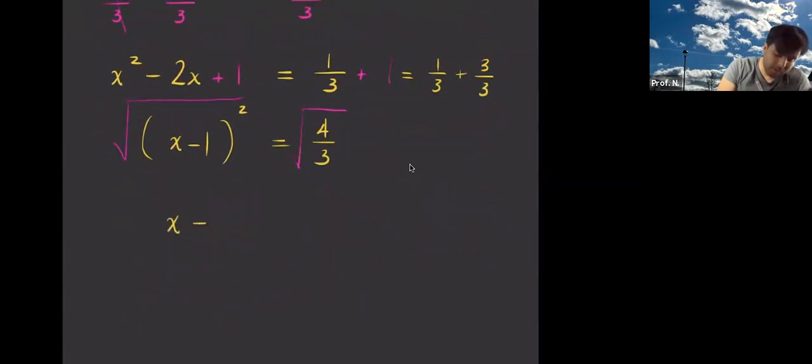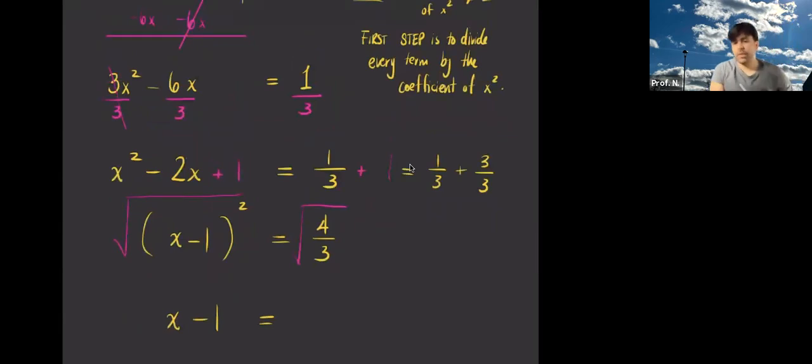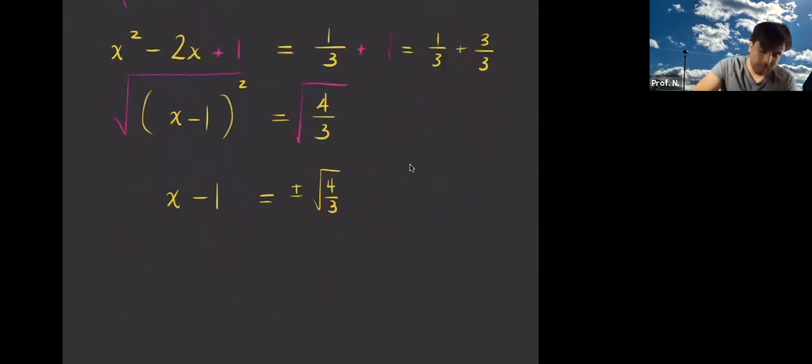I'm left with x minus 1 on the left side, and on the right side I get plus or minus the square root of 4/3. Now let's worry about the square root of 4/3 a bit. That's equal to the square root of 4 over the square root of 3.